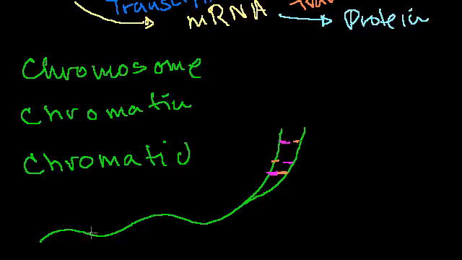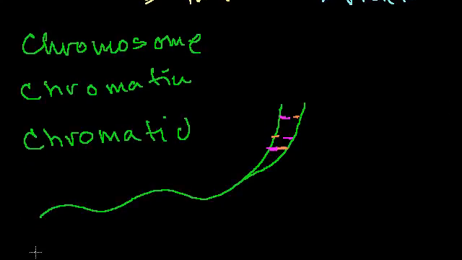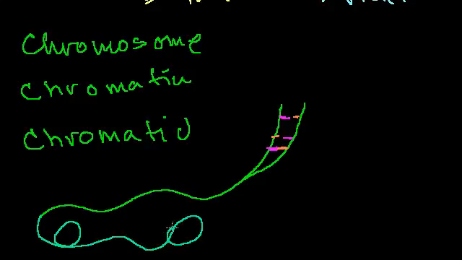When I draw this little green line here, it's actually a double helix. Now, that double helix gets wrapped around proteins that are called histones. So let's say it gets wrapped like there, and then it gets wrapped around like that, and around like that. And you have here these things called histones, which are these proteins.